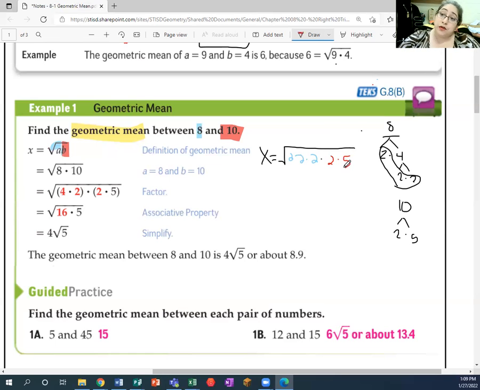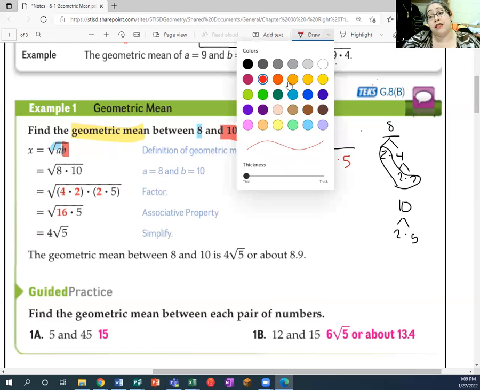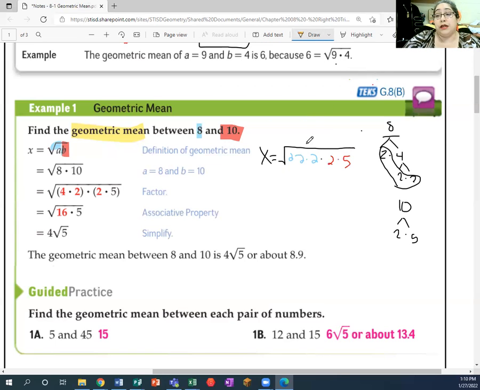And so now to simplify this square root, I'm going to be looking for pairs, because that's what square root is really asking for. Square root is really asking, how many factors inside of me do I have 2 of? Well, I have 2 2's right here. So that's going to come out.